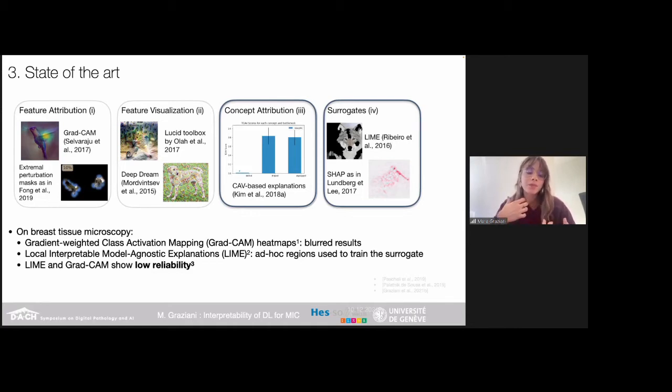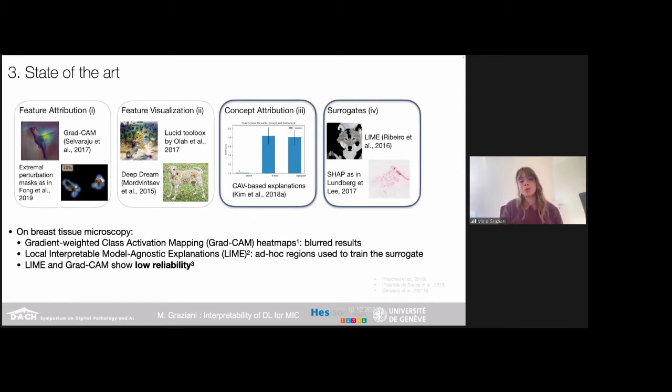And there is this work by Ian Palatnik that's shown that explanations might perform much better, meaning that they would give much more meaningful and understandable explanations if some regions were selected ad hoc to train the surrogate model that is generating the explanation.